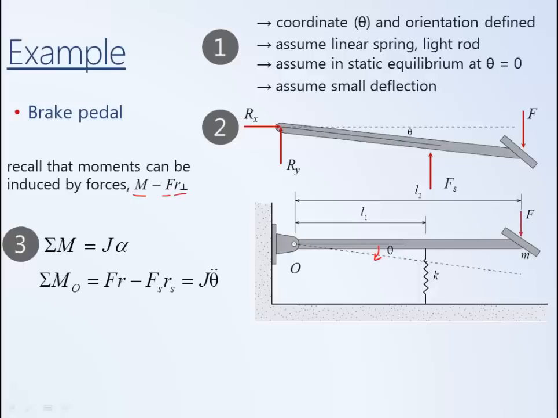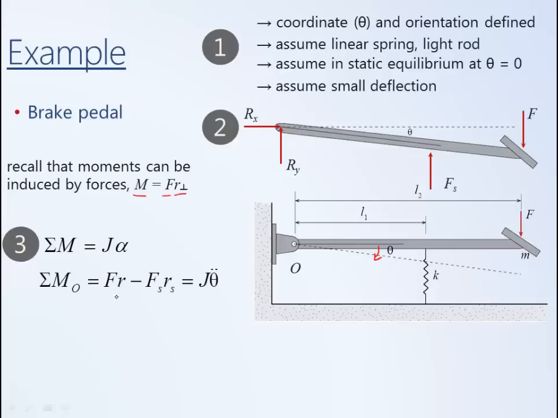We will define the lever arm for the applied force F as R. Looking at this force, it causes the pedal to rotate downward, which is in the direction of positive theta, so we'll define that moment to be positive.